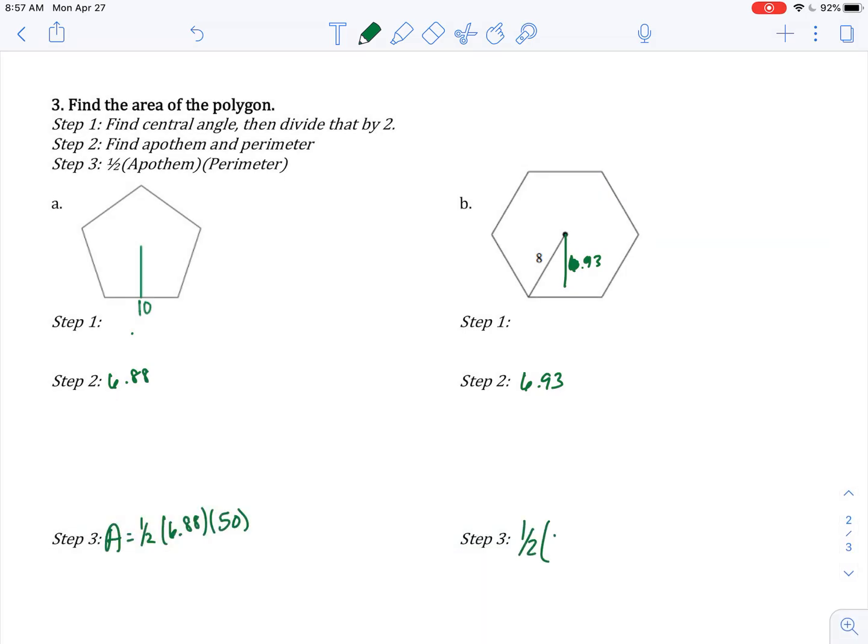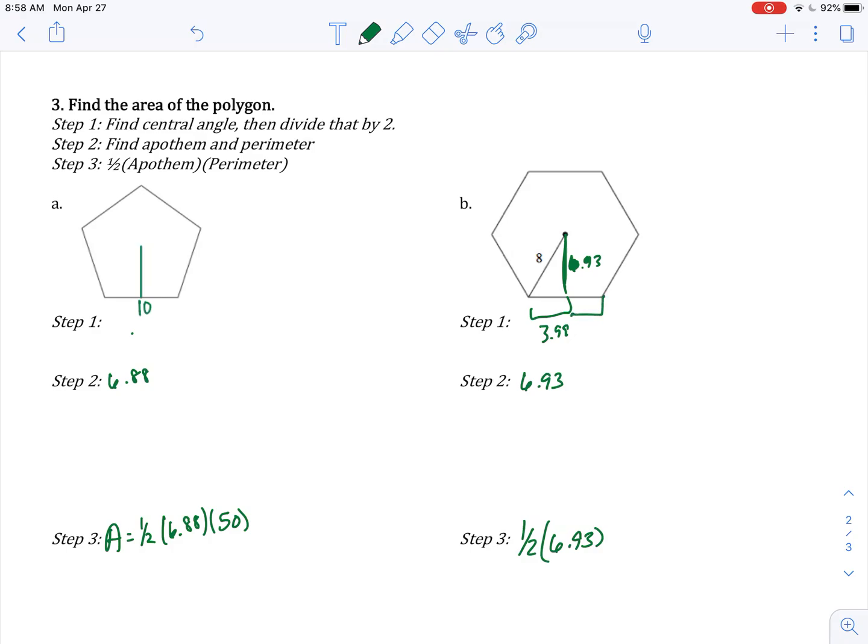So area is 1/2 apothem perimeter, and to find the perimeter I need to find this side first.